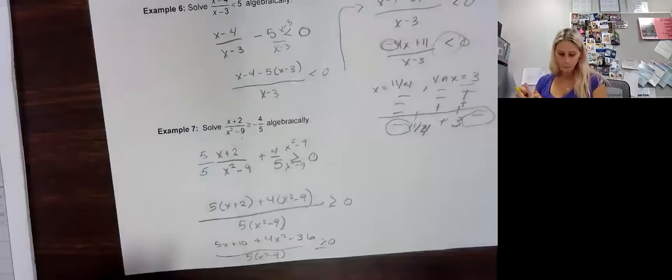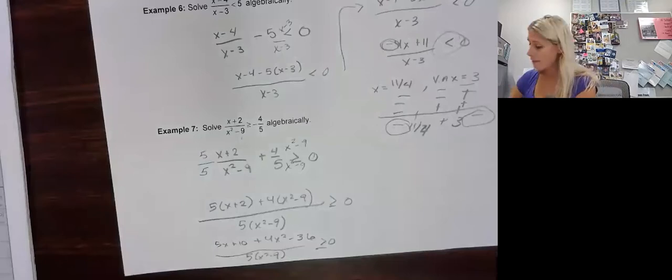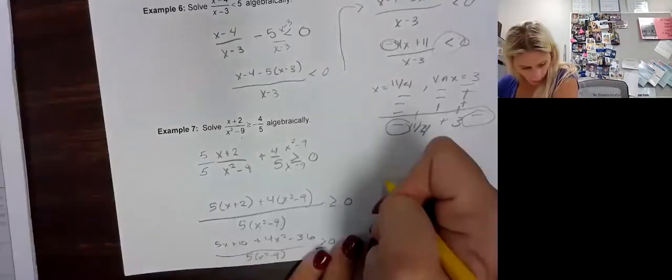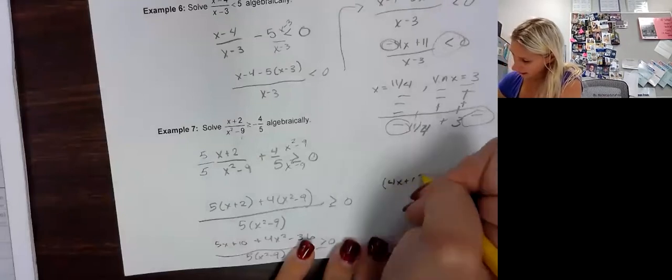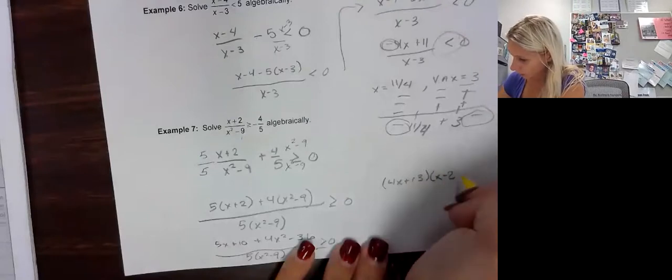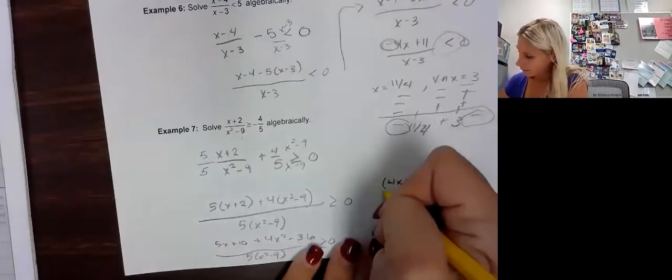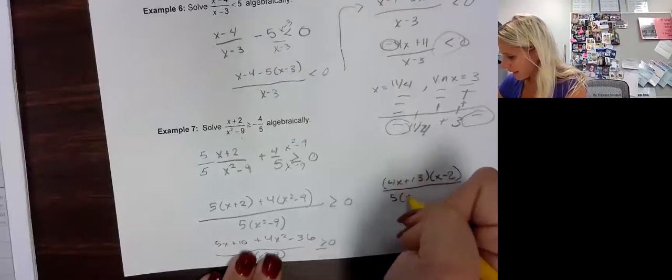Okay. We then see that if we put the top together, combine like terms, and then factor, we would end up with 4x plus 13 times x minus 2 all over, and of course I'll factor that denominator too so we can see our vertical asymptotes better.